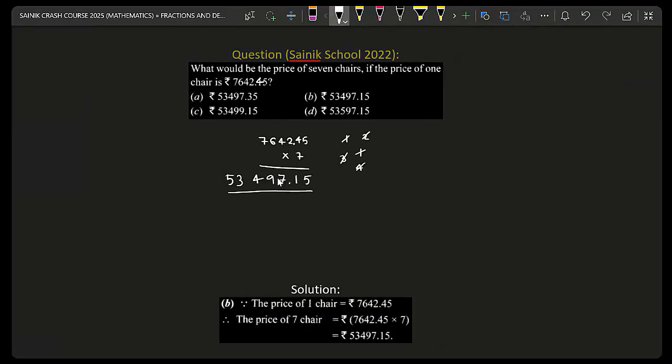So now the answer is matching: 53,497.15. That is which option? Option B. Okay, all of you can copy this.